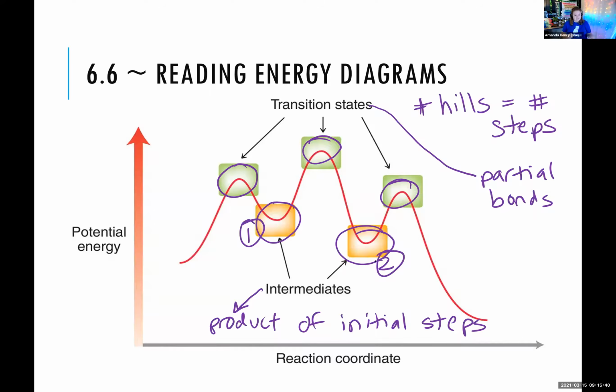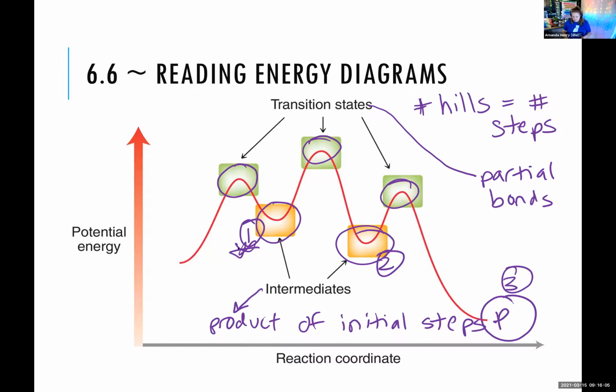This is the product from the second step. And then the third step would give us our final product. When we are creating those intermediates, that one's the product from the first step, but it's also going to be the reactant for the second step. So we are using that intermediate to continue on.